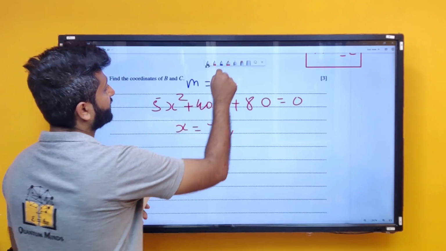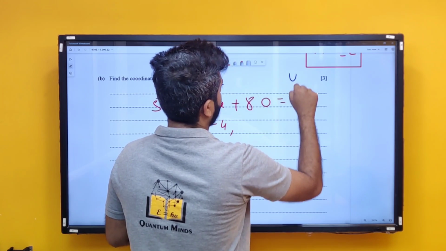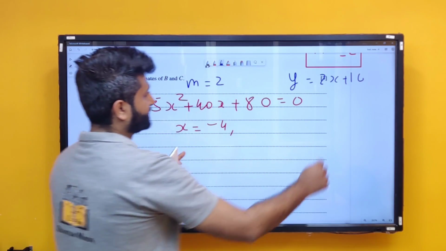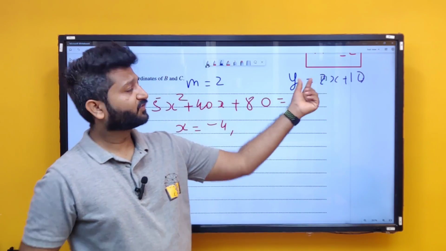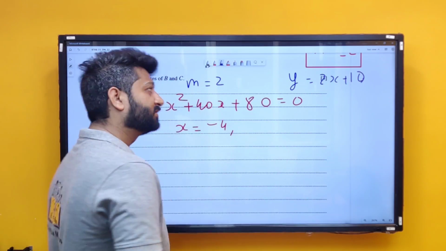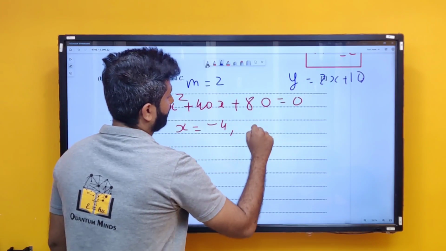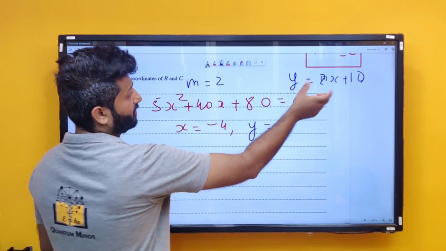Right? The equation is y equals 2x plus 10. So if we substitute x as minus 4, minus 4 into 2 is minus 8, minus 8 plus 10 is 2. So y equals 2.